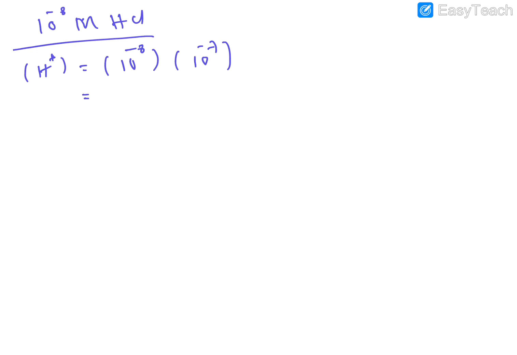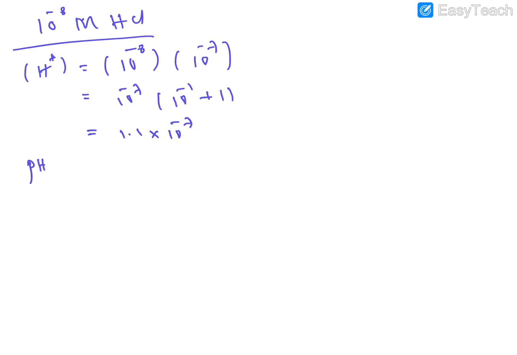So in total we can write 10 to the power of minus 7 plus 10 to the power of minus 8, an expression like this. That equals what we get here, the H plus concentration of 1.1 into 10 to the power of minus 7.